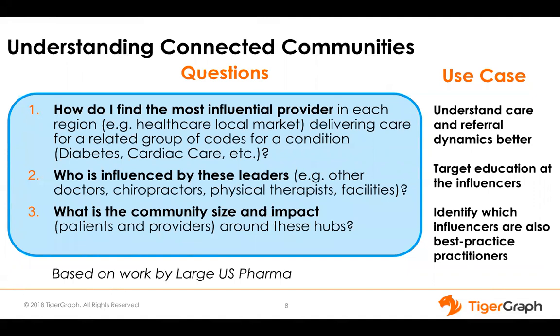I'm a healthcare provider, or I'm an insurer, or a government or NGO organization that is trying to see what we can do to deliver healthcare better. First, you want to understand what are the actual dynamics. Are there influential persons? Are there communities?